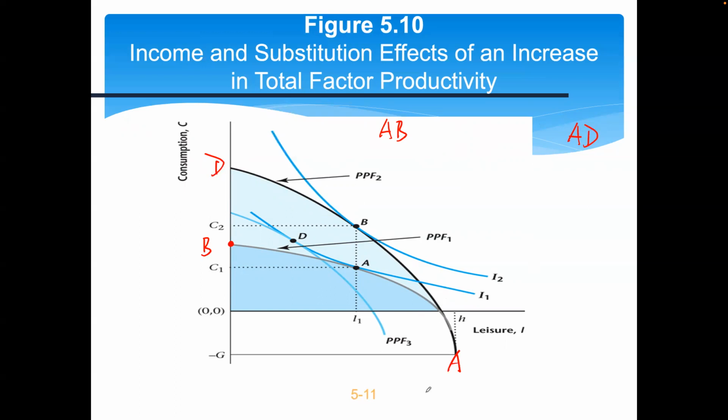Change number one is an increase in the total level, or total output, or total income. Number two, the curve becomes steeper, increasing MPN. But remember, as I just explained in previous slides, these two have distinct impacts on consumption and leisure. So now we need to isolate them and study them one by one.